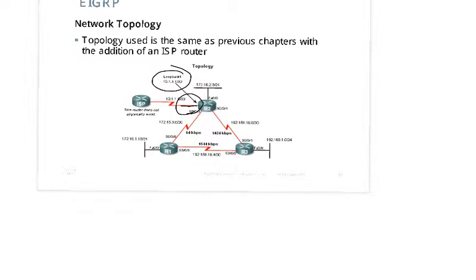Here we talk about a loopback interface, which is used to simulate or to facilitate the connection between a physical router and a virtual router which does not exist. So this router does not physically exist.